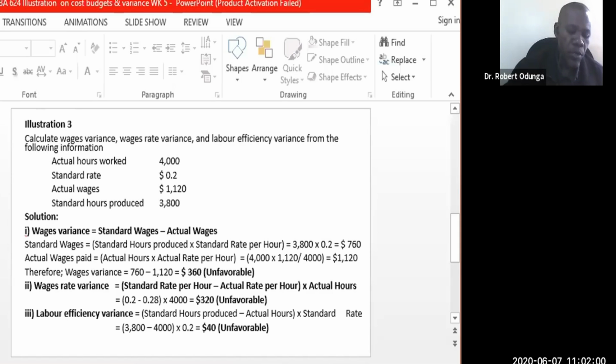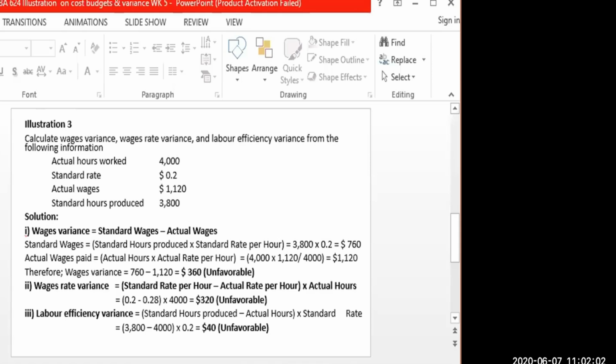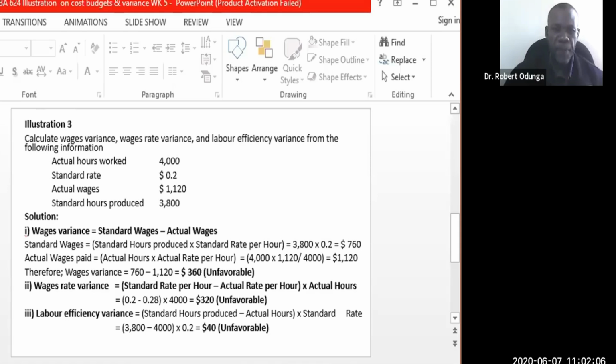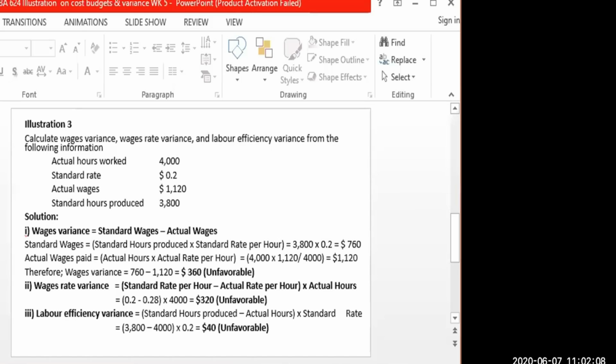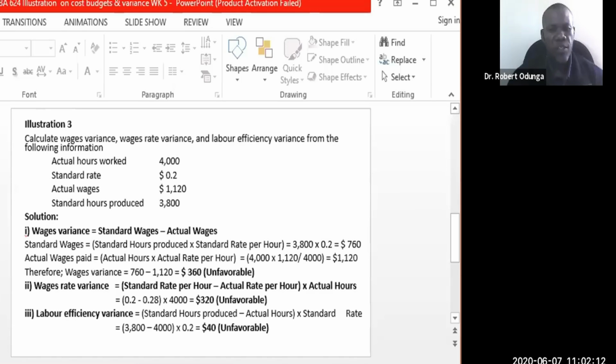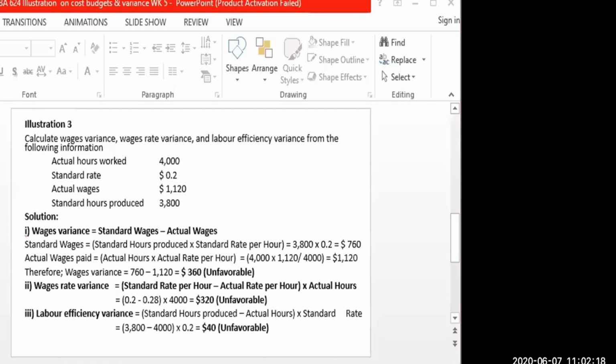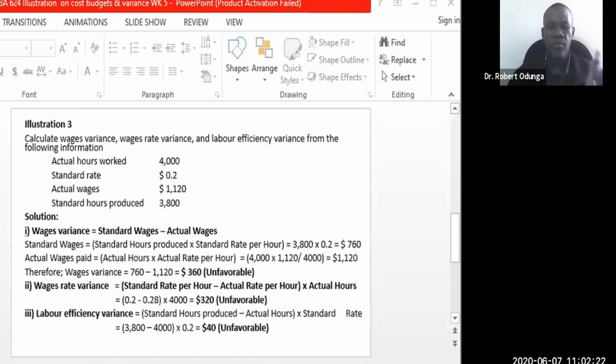Now, we need to understand the formulas to determine this, and you remember what we agreed last time when you are looking at the variances. We said we always start with the budgeted or the standard figures so that we compare with the actual we have realized to determine our variance.